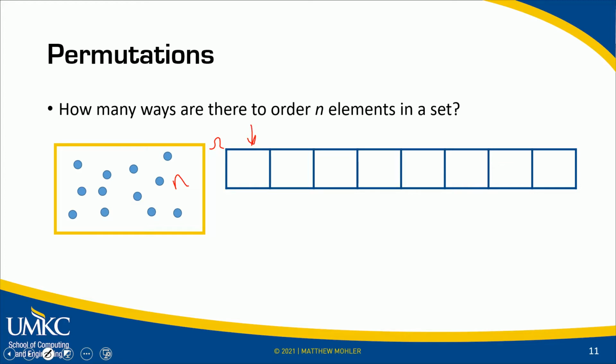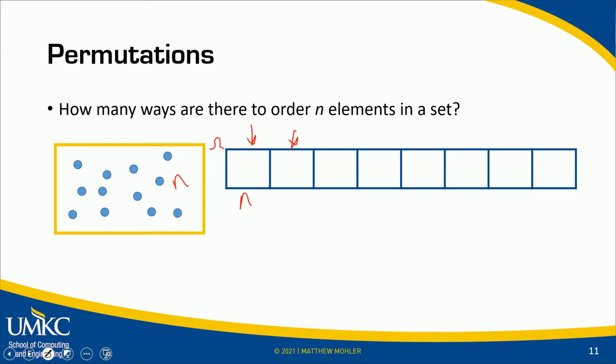So the question that we have to ask first is, when we're placing the first element, how many unique elements are available? How many options do I have at this first stage? Well, the answer is that I have n options. Now, when I go to my second stage, how many options do I have?